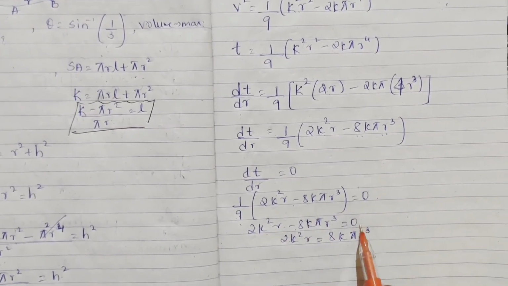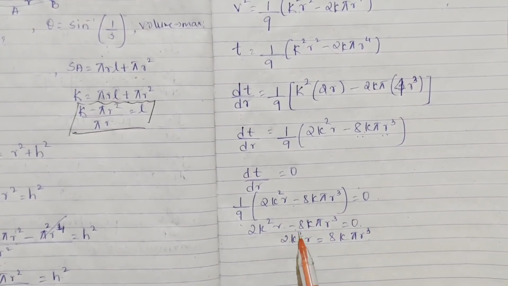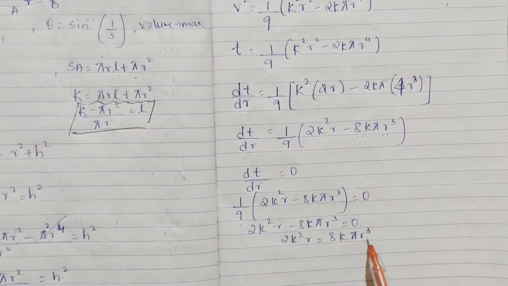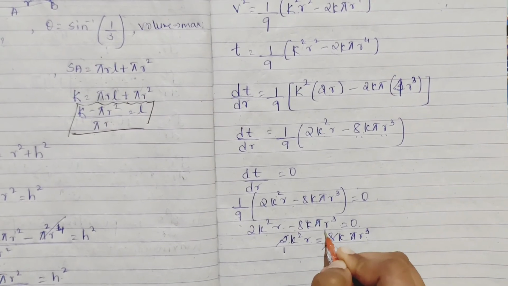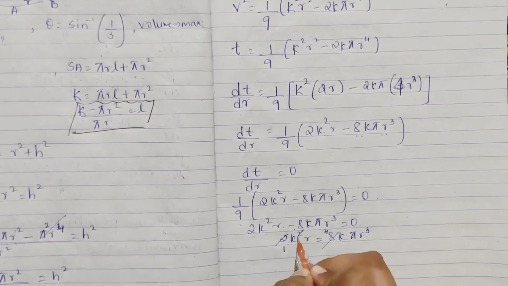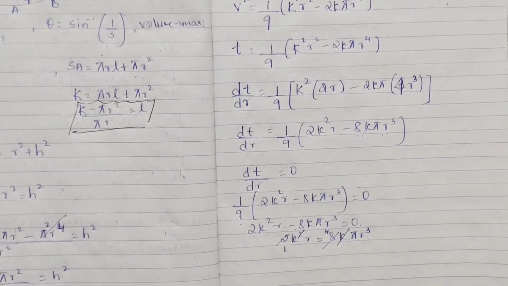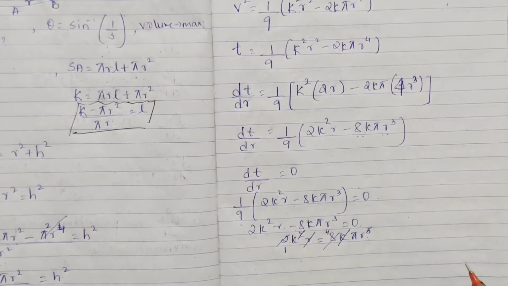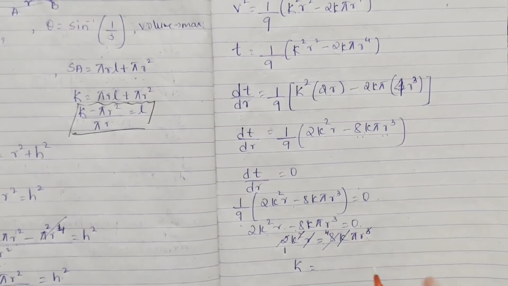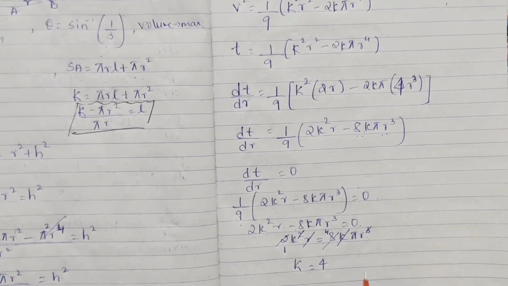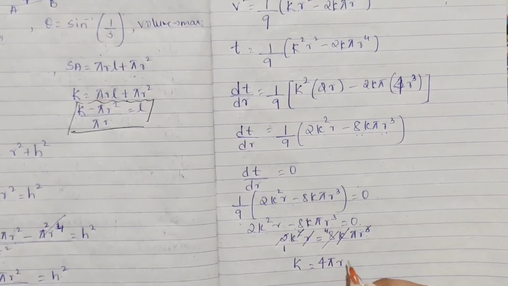Take it to the right hand side, so you will have 2k²r = 8kπr³. So here you can see 2 ones are 2, 4 twos are 8, with your k, k cancels, r with your r cancels. So here you have k left, here 4π r².